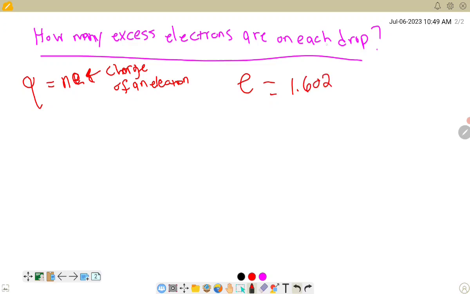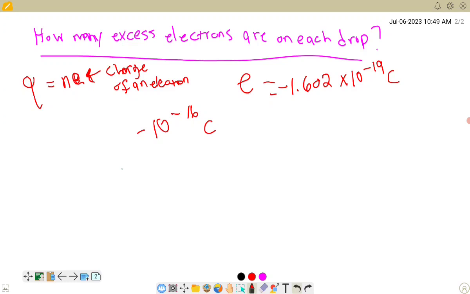The charge of an electron, e, is 1.602 times 10 to the negative 19th coulombs, that is. So notice that N is going to be dimensionless. It's not going to have any units, which is as we would expect.